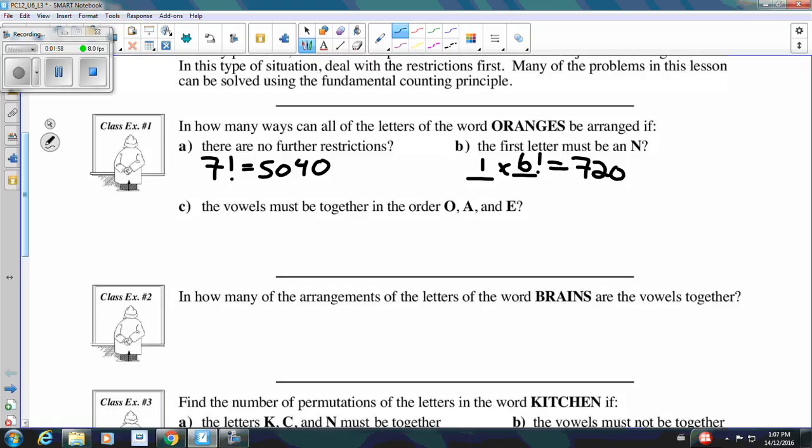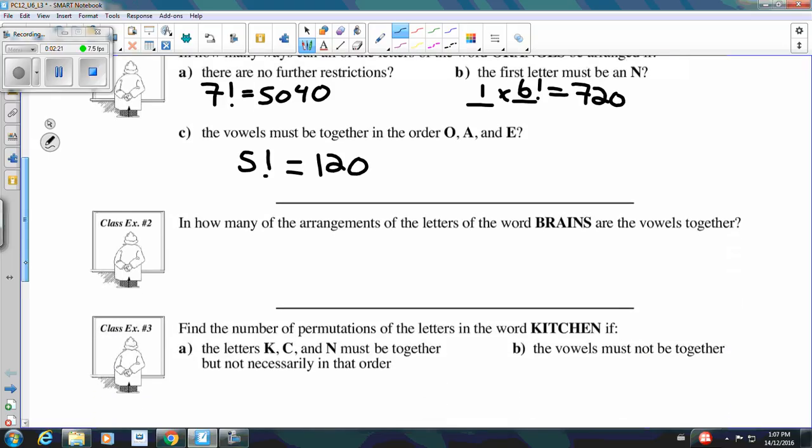So we have that plus the 4 consonants that are left. So we have the letters R, N, G, and S. That's the 4 consonants plus the package of vowels which we can move around. So this is really 5 factorial, which is 120.